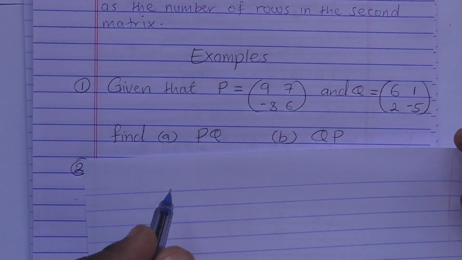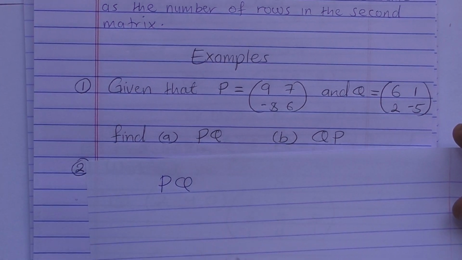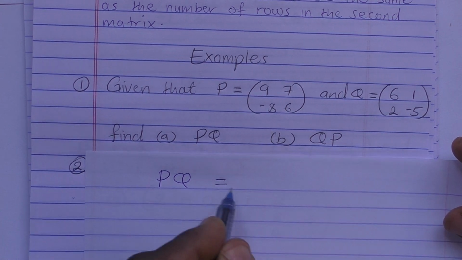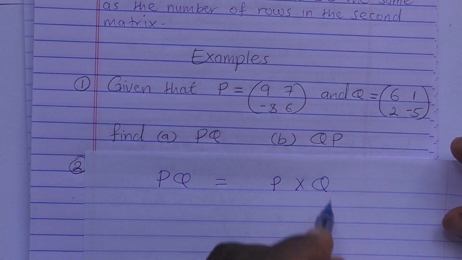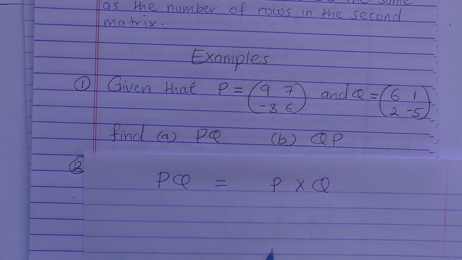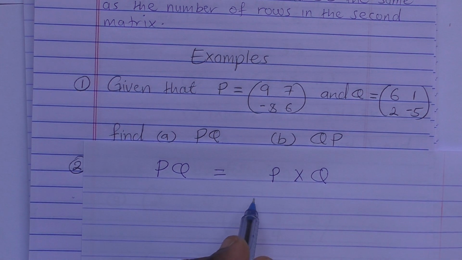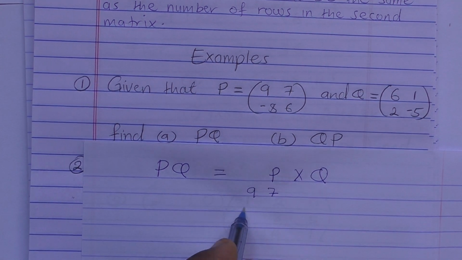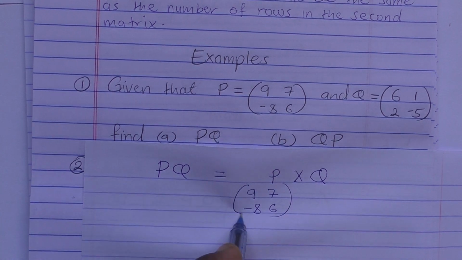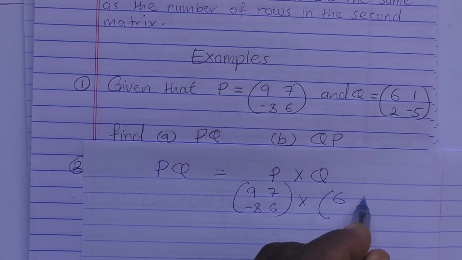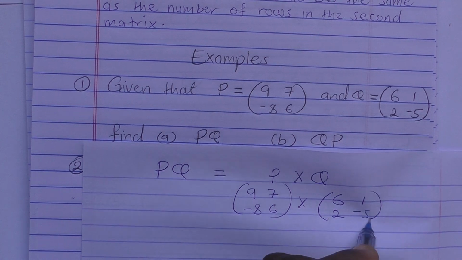So let us work out PQ. PQ is the same as P times Q. And now we shall substitute with the matrices. P is 9, 7, negative 8, 6. And Q is 6, 1, 2, negative 5.